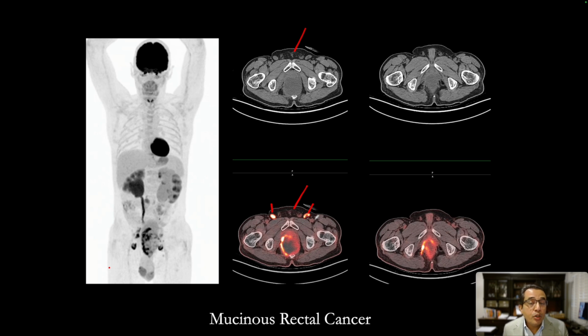We know low rectal tumors can drain through the lymphatic pathway of the anal canal, and that is to the inguinal lymph nodes. So we see inguinal lymph node involvement showing hypermetabolism. The tumor itself is secreting mucin, so we don't see hypermetabolism inside, but only at the periphery. That's atypical compared to other conventional solid rectal tumors.